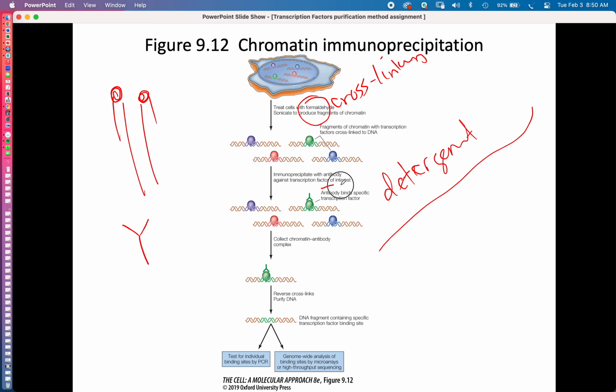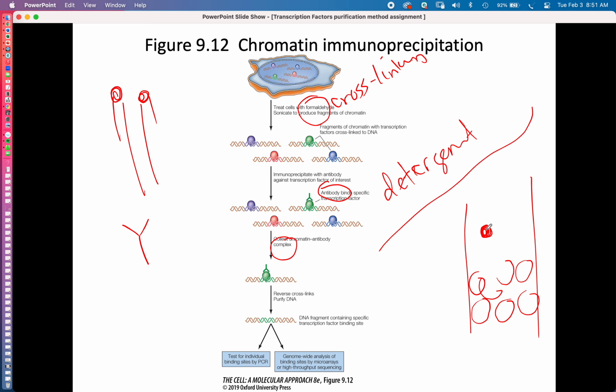Then we can add our antibody, and we can collect that antibody complex. If we ran a column, like we did before, we would be collecting on the column that protein again, but in this case, the protein will also have DNA bound to it.